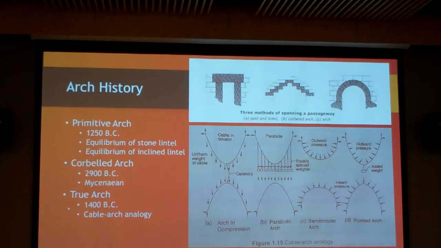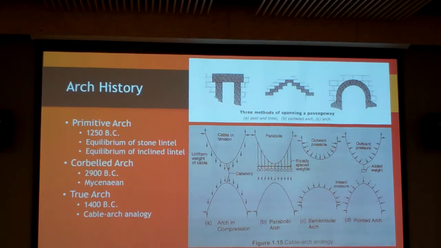But what we think of as an arch is the true arch, which is this one, which was created using the cable arch analogy. We just use a cable, and this first one here is like the force of gravity, and that is just an arch, like what we would think.